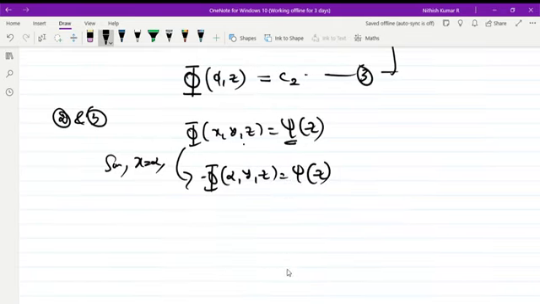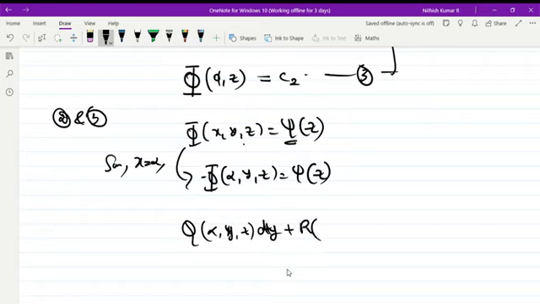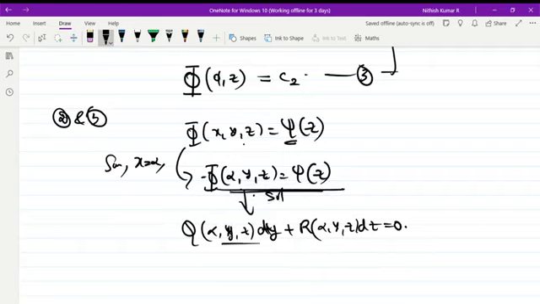And since we take x equal to alpha, our differential equation becomes Q of alpha, y, z dy plus R of alpha, y, z dz equal to 0, and this will be the solution of this differential equation.